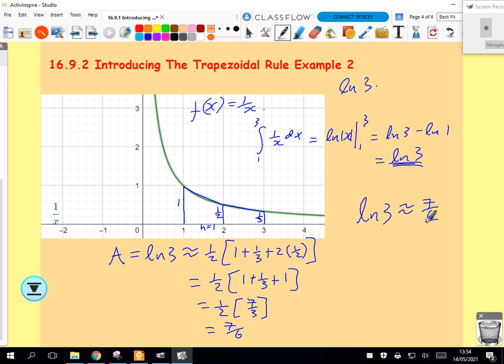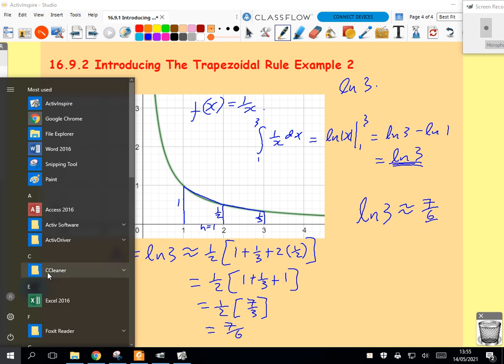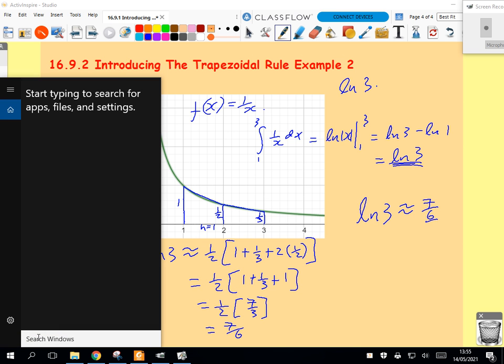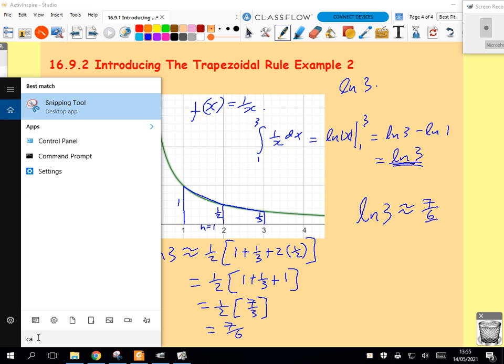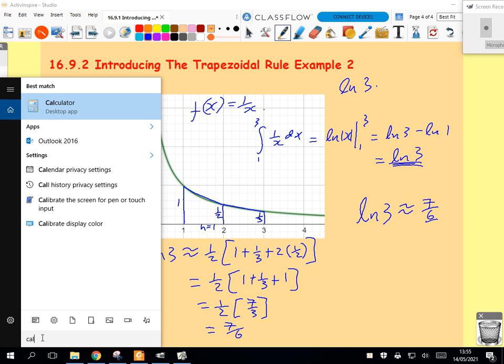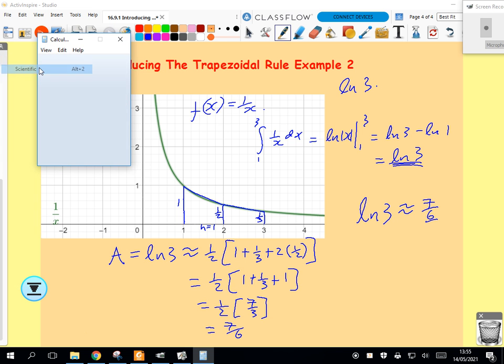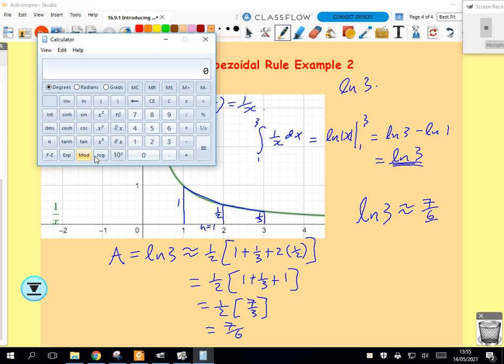Okay, and if I just dig up a calculator here, I'm going to put up a calculator and make sure I'm in scientific mode, and look up the natural log of 3 to see what it is.